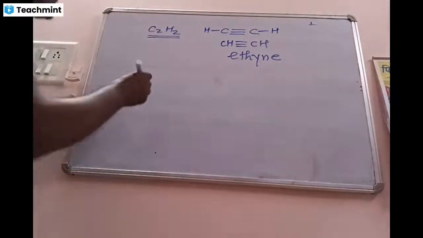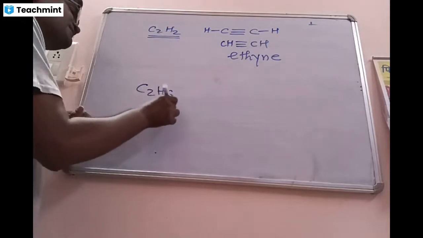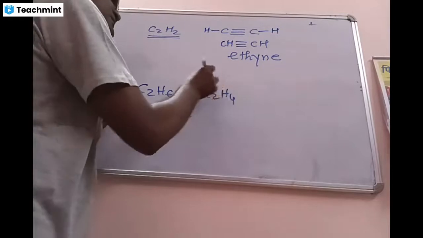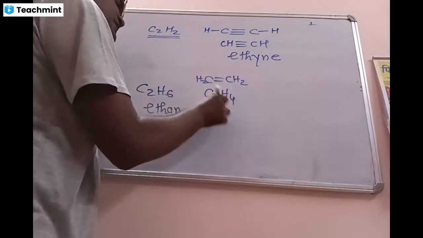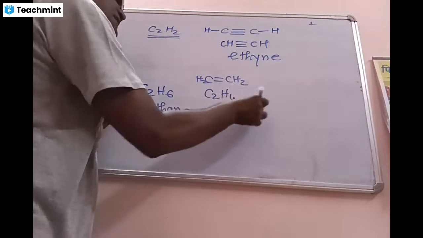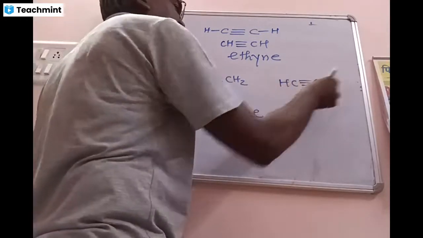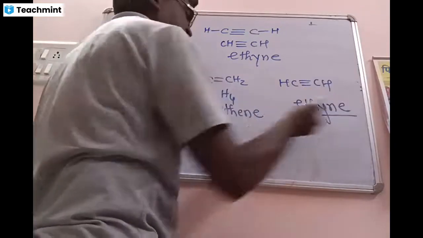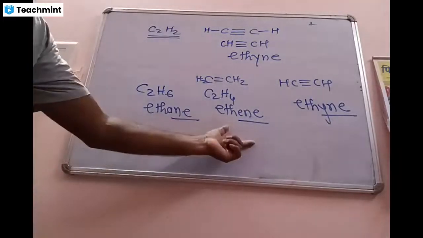Initially, when we studied, that was ethane. Then we removed two more hydrogens, and it becomes CH2 double bond CH2, which is ethene, and now it becomes CH triple bond CH, which is ethyne. See what the difference is? These are the differences in their names.